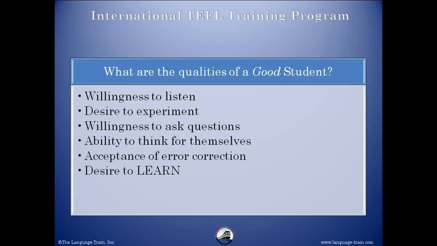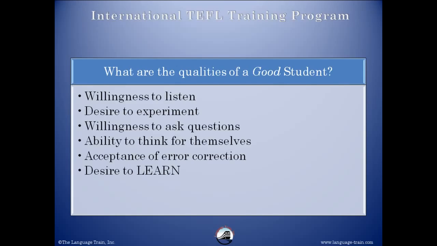And if the student does not want to accept the correction when you are right, then they essentially are demonstrating for you that they do not have one of the good qualities that it takes to become a good student. So you need to try to develop that by being kind and patient, in particular with that student, to help them get through that barrier and to be able to accept error correction.